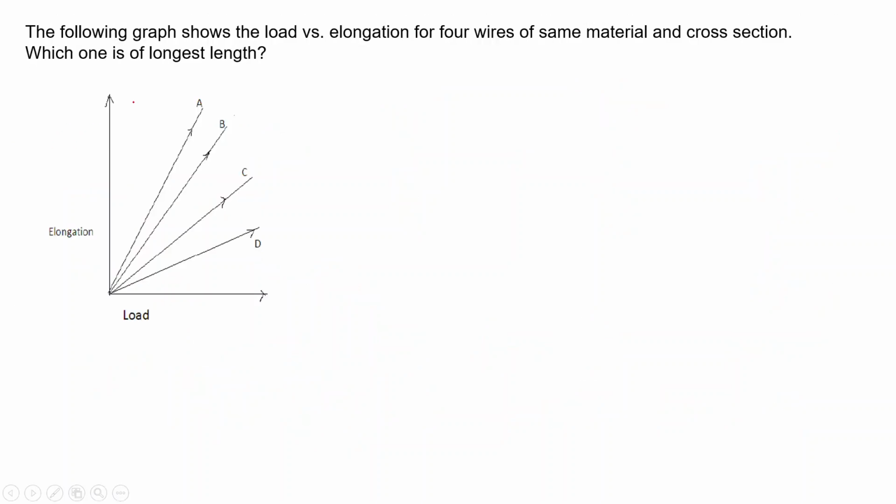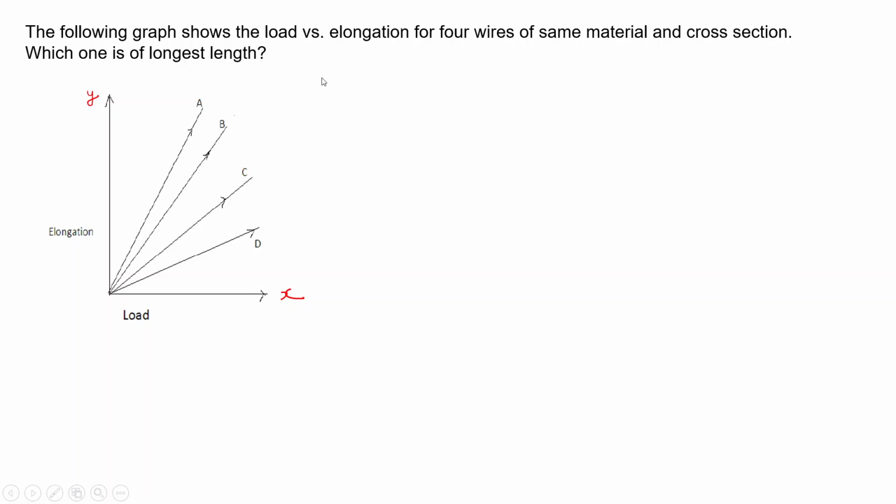Okay. Moving on to another question. The following graph shows the load versus elongation, with load on the x-axis and elongation on the y-axis. As we discussed earlier, this is a load-elongation graph for 4 wires of the same material and cross section.